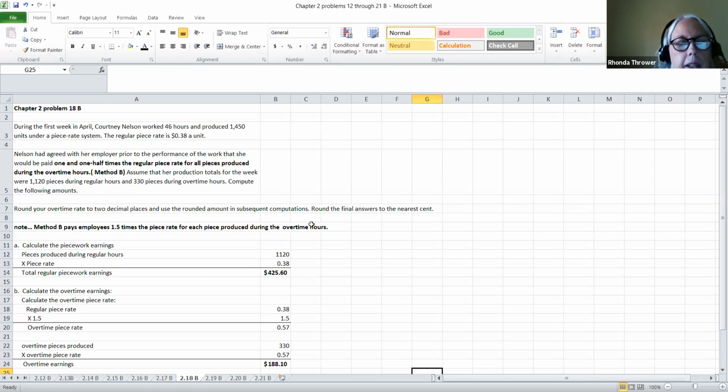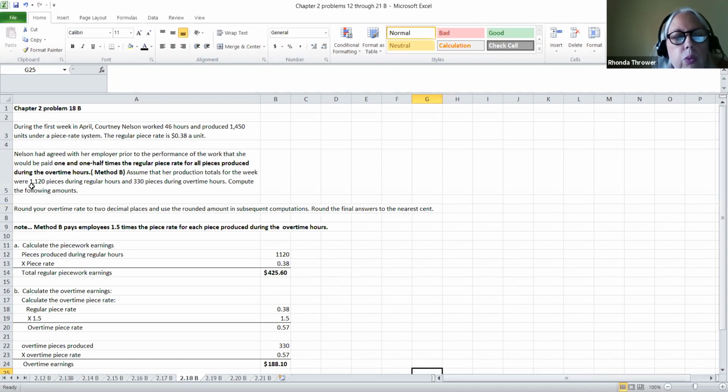Again, I've restated that method B, employees are going to be paid at 1.5 times the piece rate for each piece that is produced during the overtime hours. In part A, they wanted you to calculate the piecework earnings. Pieces produced during the regular hours were 1,120.